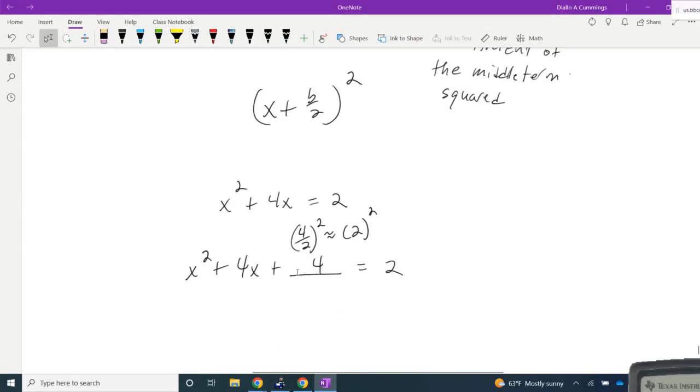Now I have added something to one side. Remember, the properties of equality tell us whatever you add to one side, you have to add the same thing to the other side. I started with x squared and 4x, and I added a 4 to this side, so I must add a 4 to the opposite side.